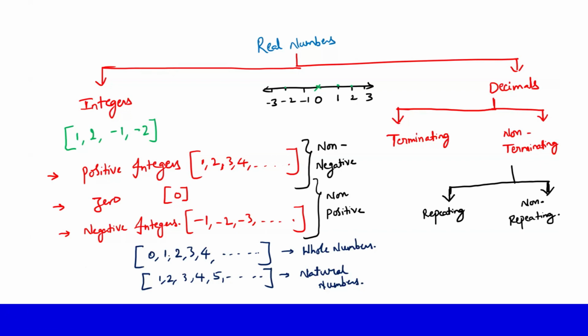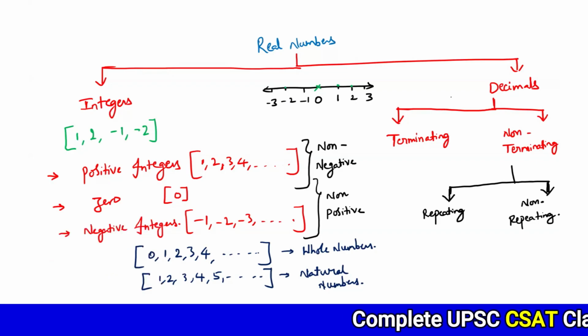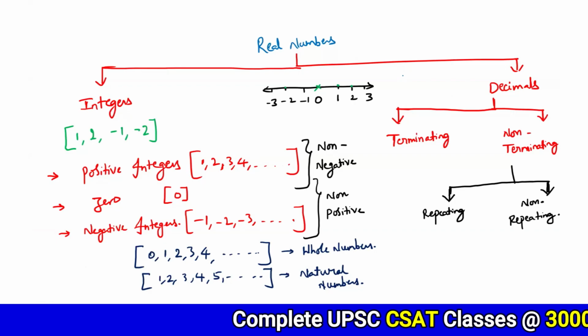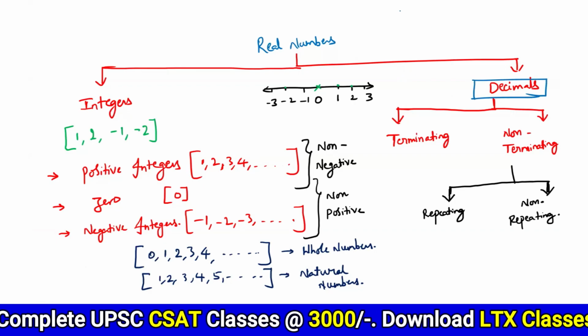Now regarding terminating decimals, can you give me some examples? First of all, tell me which type of numbers will be considered as decimals.